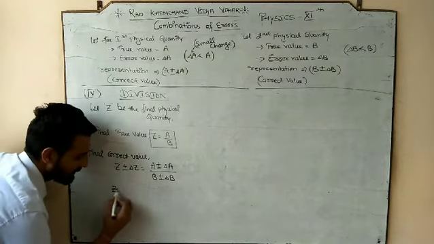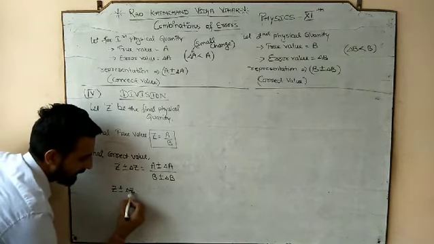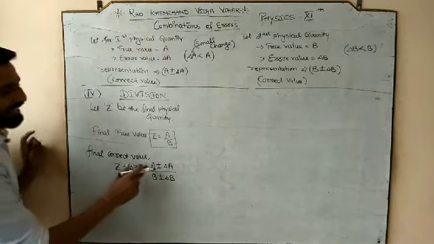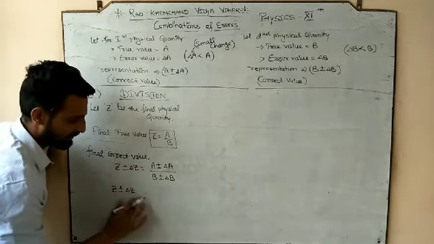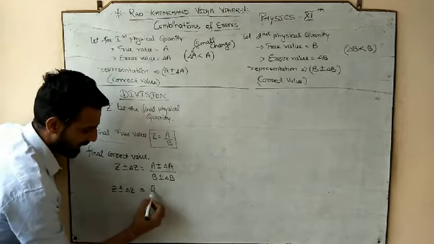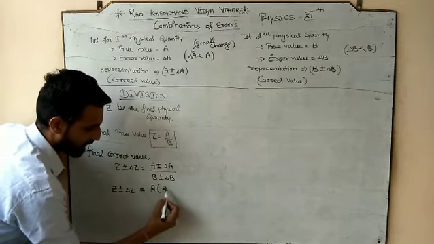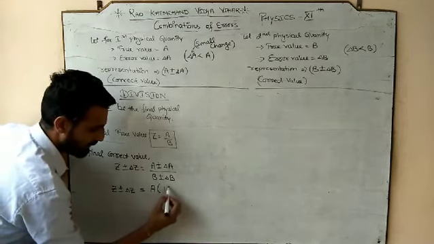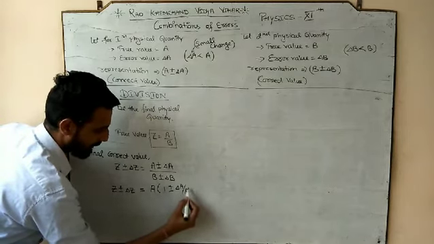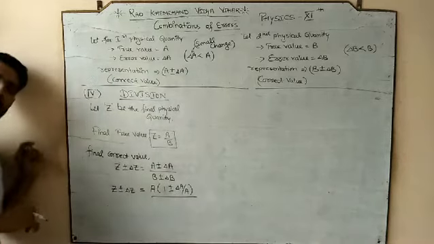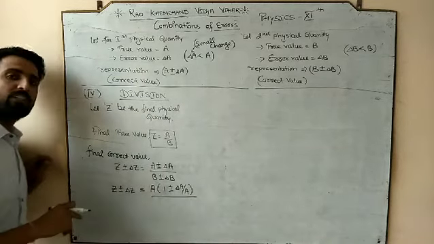So please, Z plus minus delta Z, let us take A as common from the upper side. Take A as common from the upper side, please. So when you take A as common, what is left? 1 plus minus delta A divided by A. Similarly, take B from the denominator.